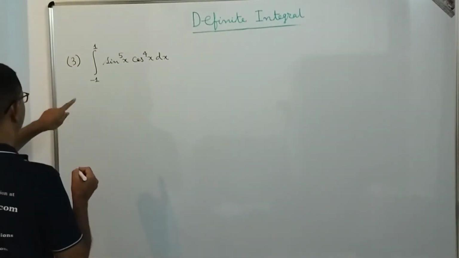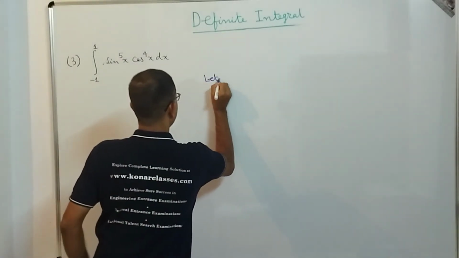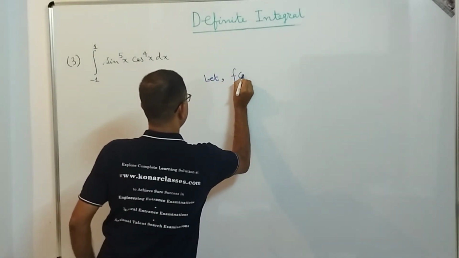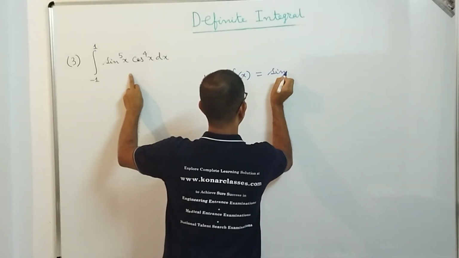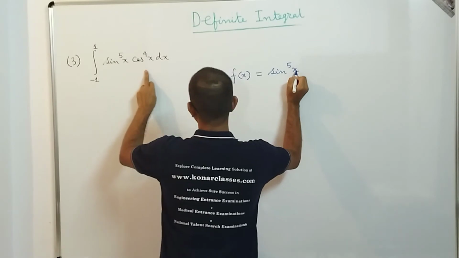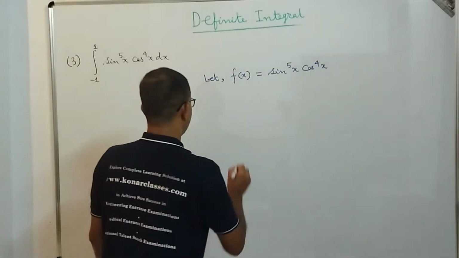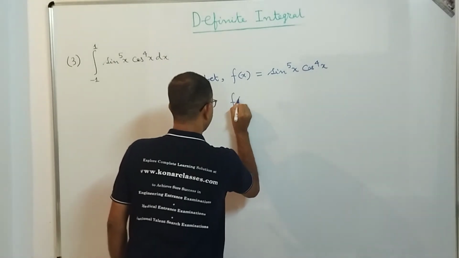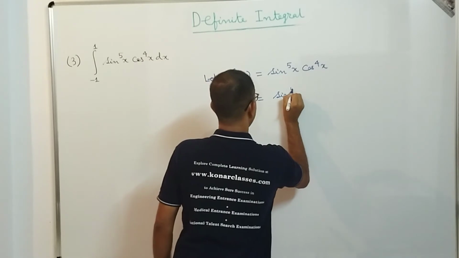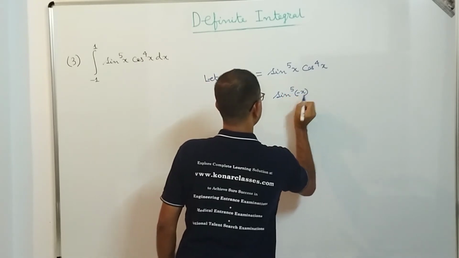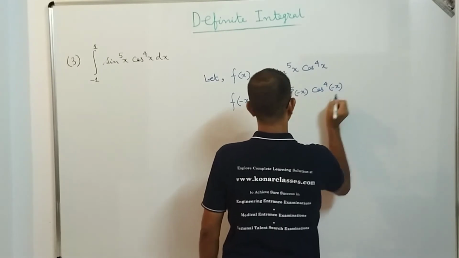So what we can consider here, dear students, is let f(x) equal sine to the power 5x into cos to the power 4x. Now let's find the value of f of minus x. f of minus x becomes what? Sine to the power 5 of minus x into cos to the power 4 of minus x.